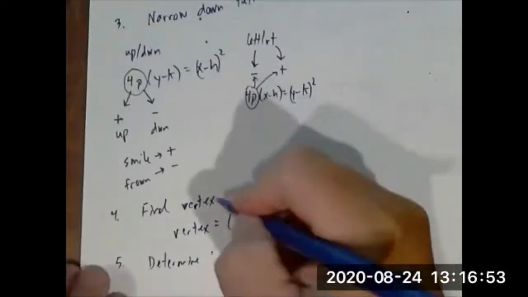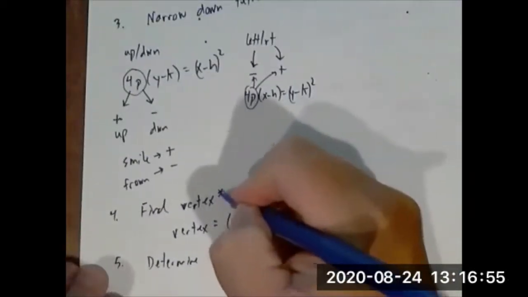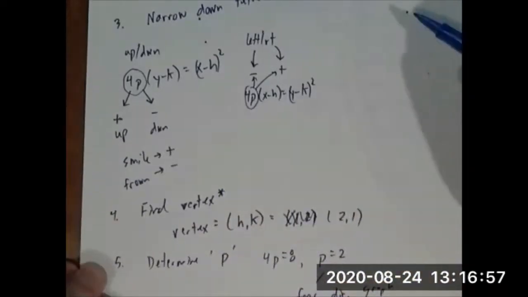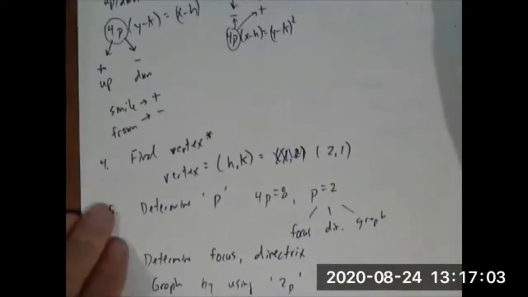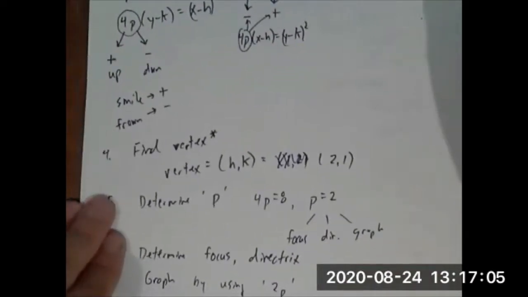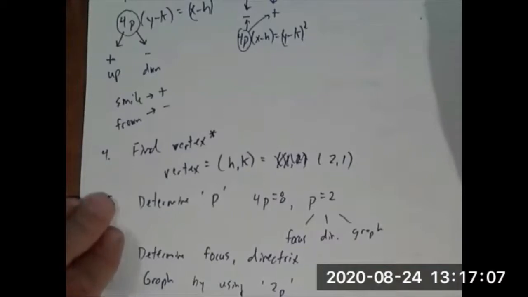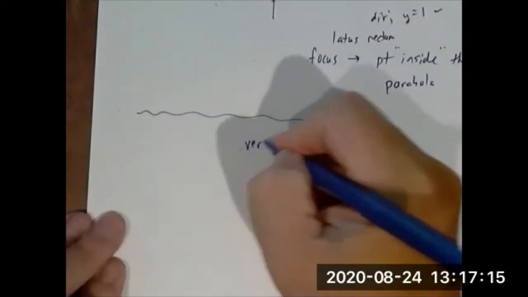Now before we go on, let me talk about finding the vertex, because this can be a little tricky sometimes. Let me give some examples of some other kinds of equations, and a little rule I use to find the vertex, because sometimes it can be confusing for students.